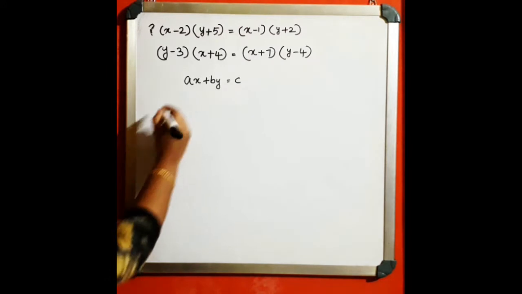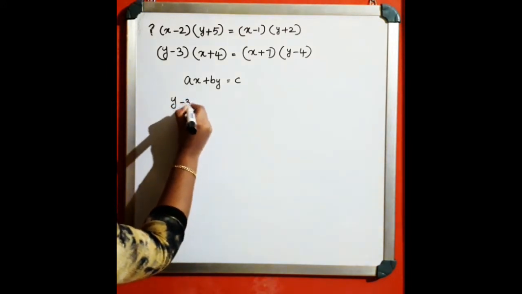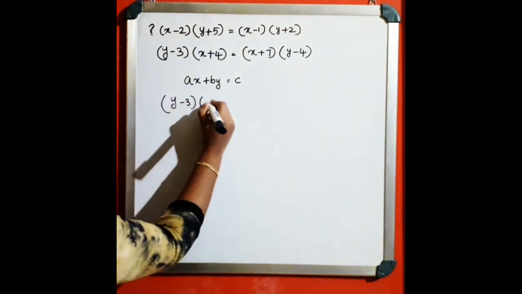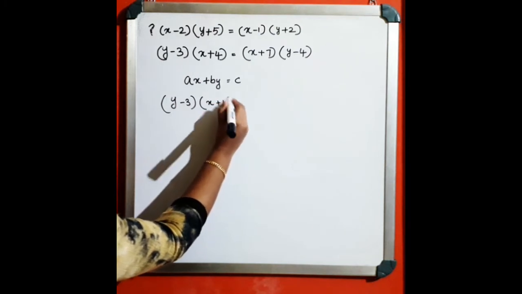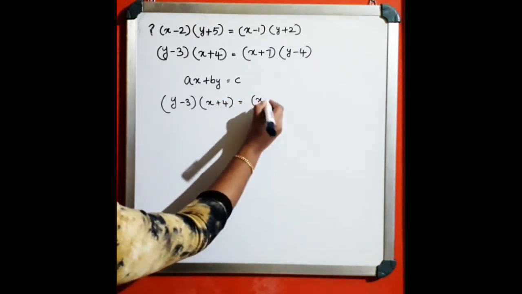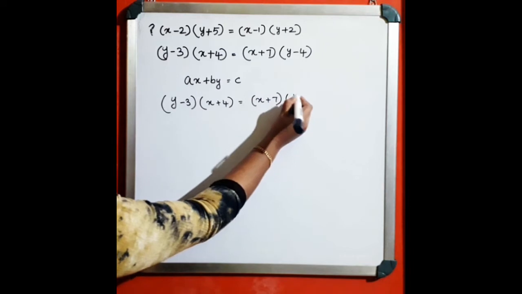Now consider the second equation, that is y minus 3 into x plus 4 is equal to x plus 7 into y minus 4.